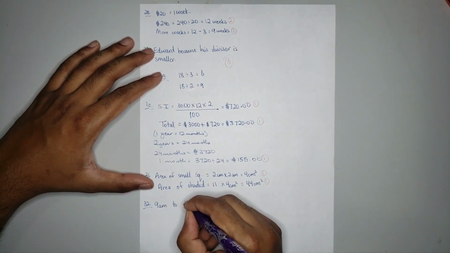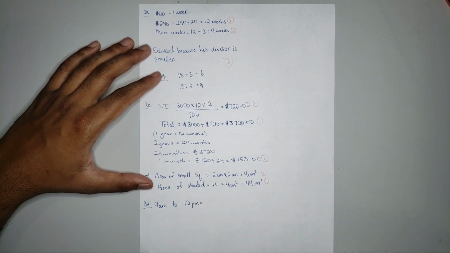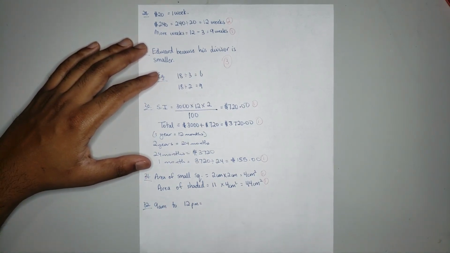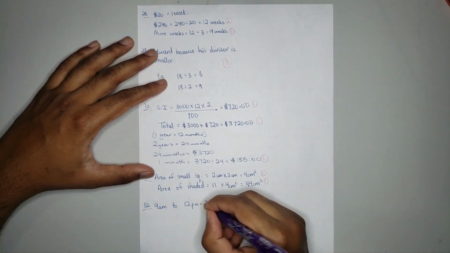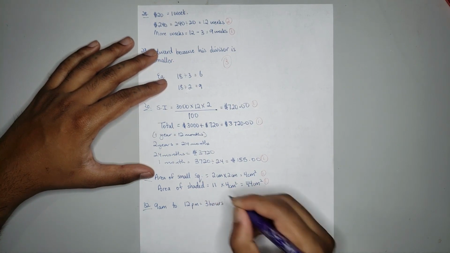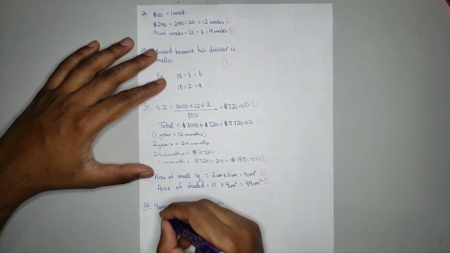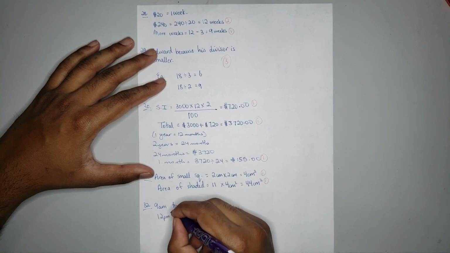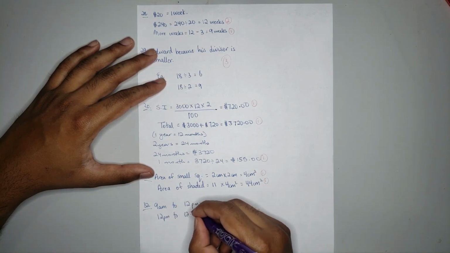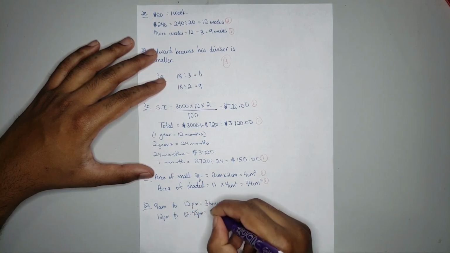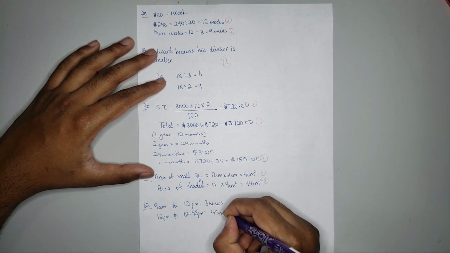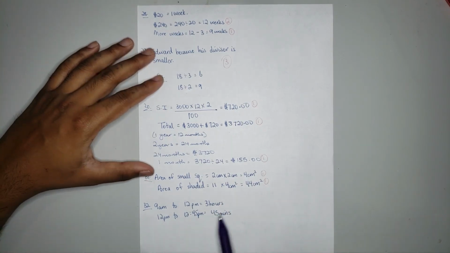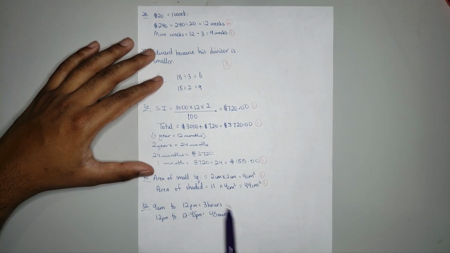From 9 a.m. to 12 p.m. is equal to 3 hours. 12 p.m. to 12:45 p.m. is equal to 45 minutes. So therefore he was there for 3 hours and 45 minutes.